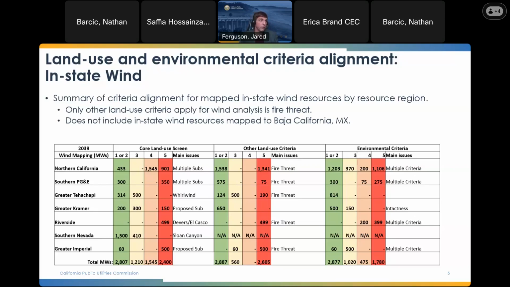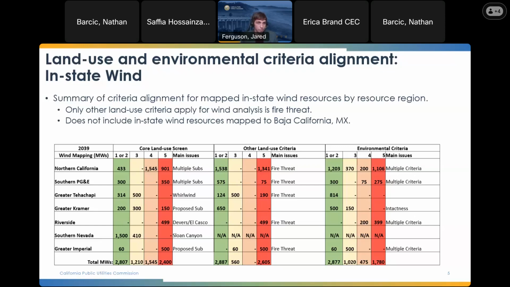And overall, you can see with the wind resources, we have significantly more level 4 and 5 alignment flags across most regions, both in the core land use screen and also in the environmental criteria.